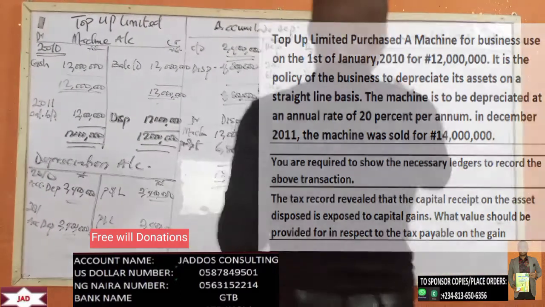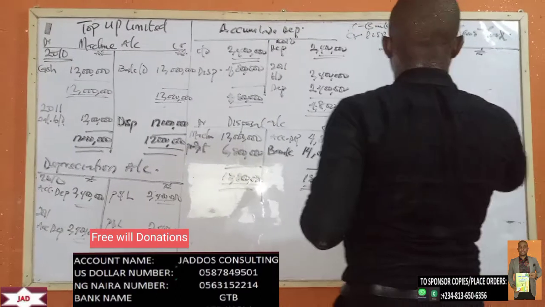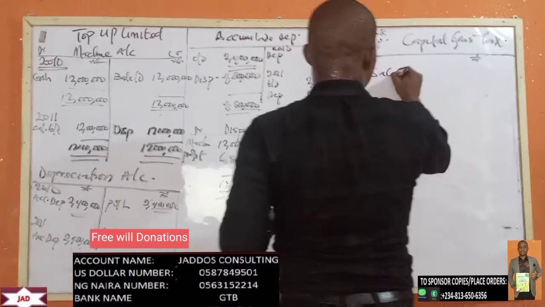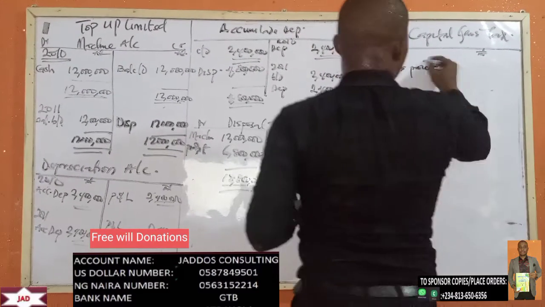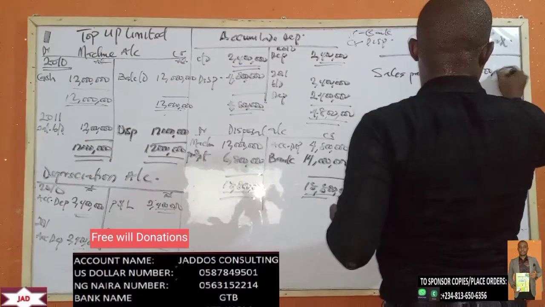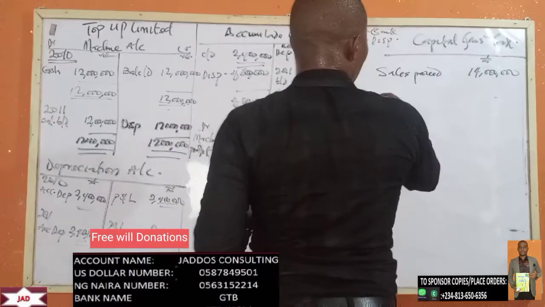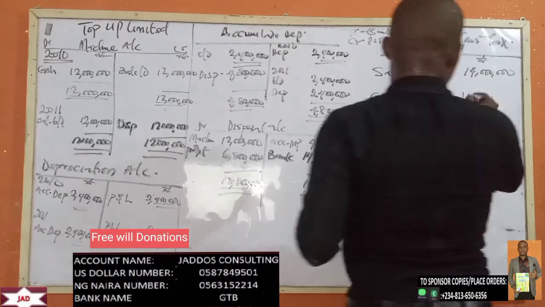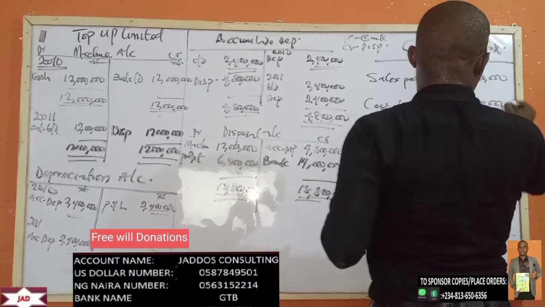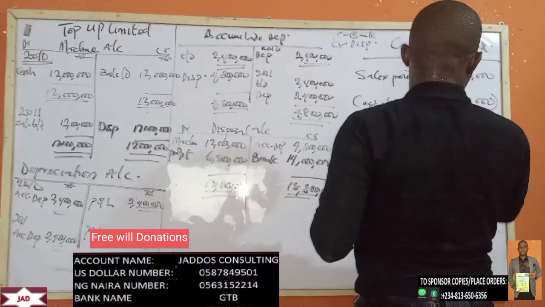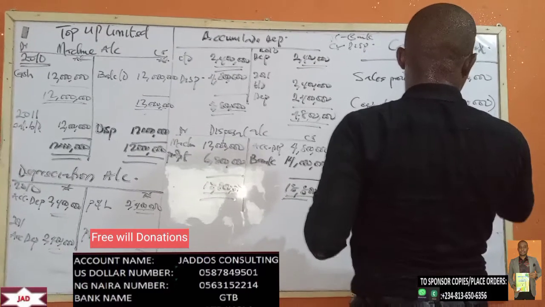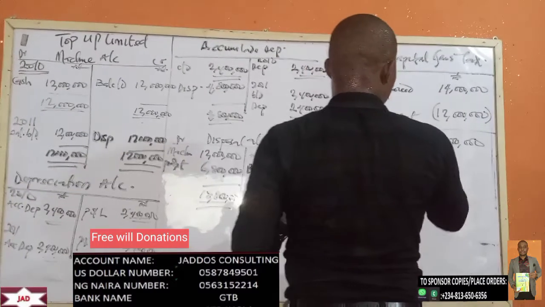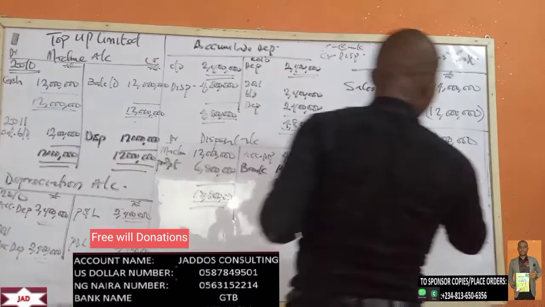So what do we have? We have sales proceeds. How much is that? 14 million, right? So what is the cost of the asset? 12 million, right? So if you take that out, what do you have? This is the chargeable gain. All right?